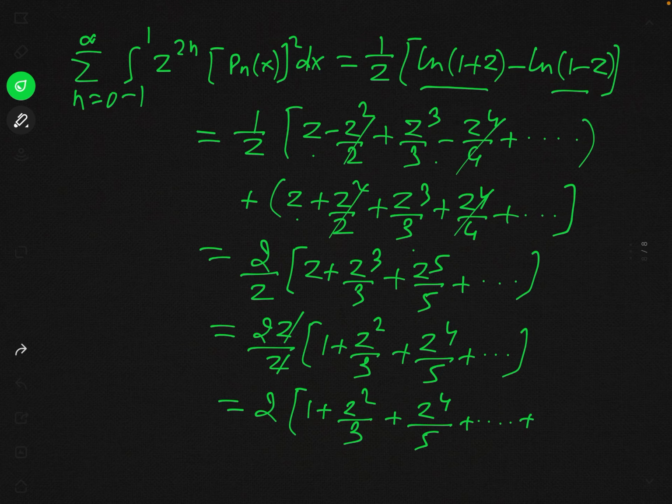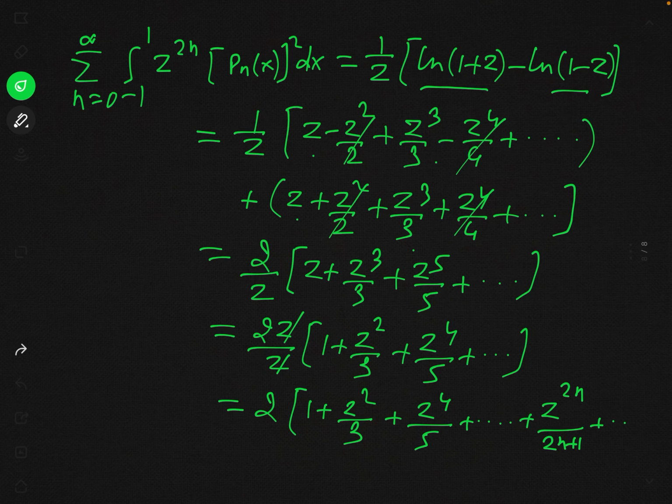If you want to write the nth term, what will that be? That will be z to the power 2n divided by 2n plus 1. You can see, because powers on z are even and in the denominator there is an odd number. So this will be the nth term.